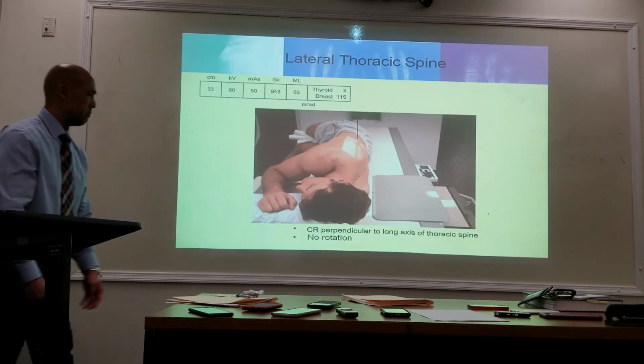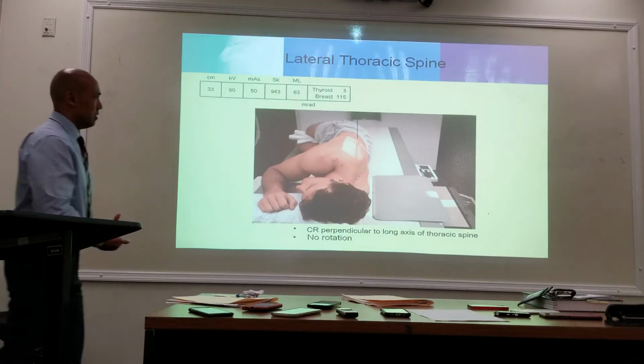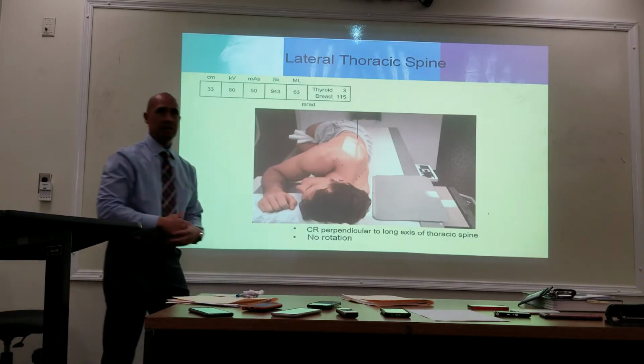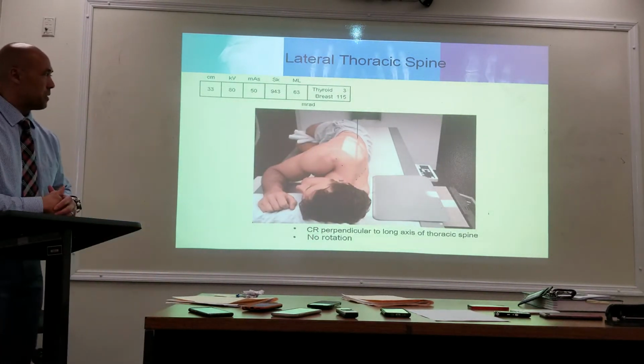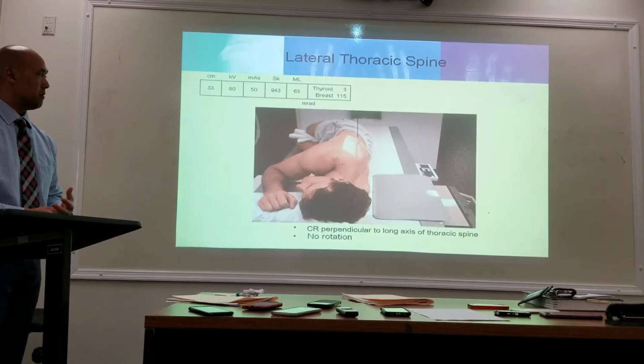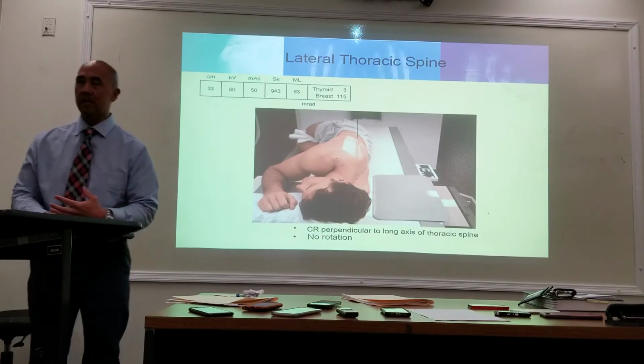It says central ray perpendicular to the long axis of the thoracic spine. So you're just going to go slightly towards the posterior, towards the back. It's not mid-coronal. At the level of T7.